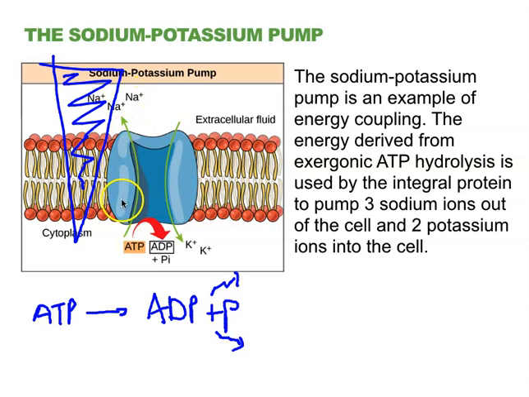Now a change in the shape of, in this case, this transporter now allows potassium to bind here. And when it binds, it then removes the phosphate that was temporarily attached here, and now it goes back to its original shape. And this entire cycle keeps going on so that you maintain what's called a resting membrane potential.